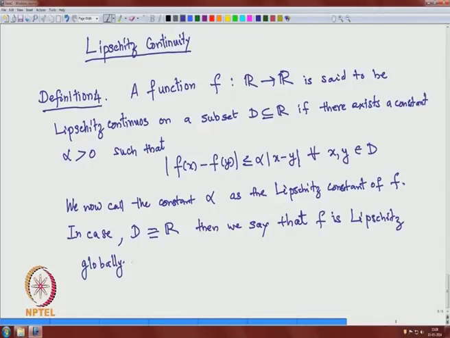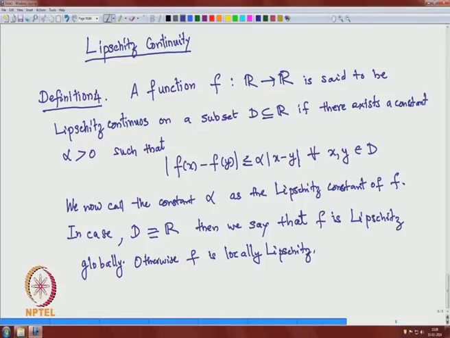Otherwise, f is locally Lipschitz. So, if the condition is satisfied in the whole space, then it is a global Lipschitz continuity, or if it is restricted to a subset of the real line, then it is a local Lipschitz continuity.